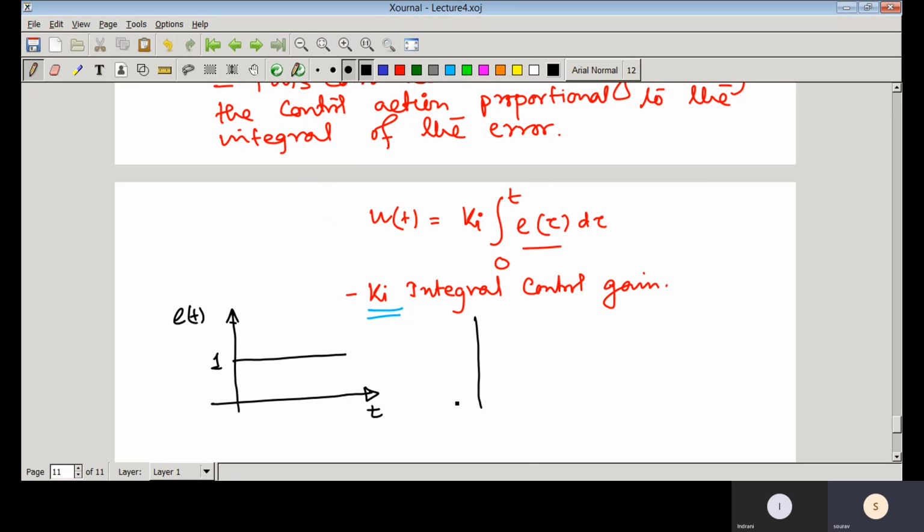Then what would be u? Because if you just integrate 1, that would be a ramp signal. So u(t), the output of the controller, would be equal to that ramp signal. Now this slope depends on what Ki you have chosen.